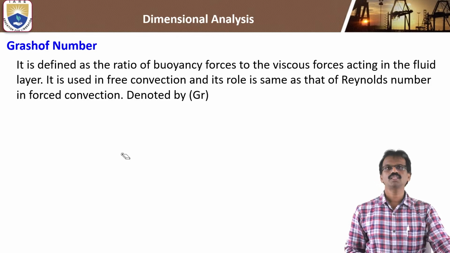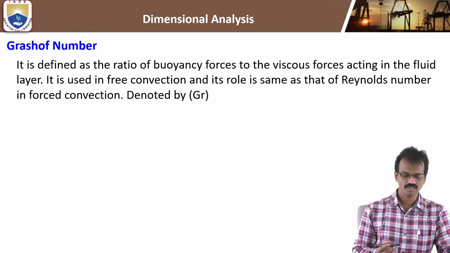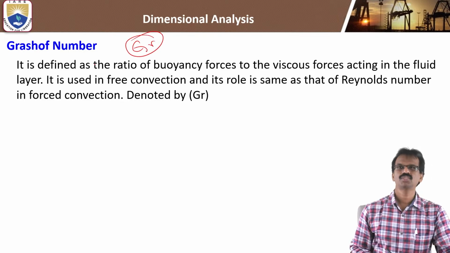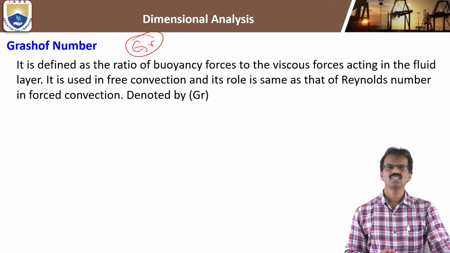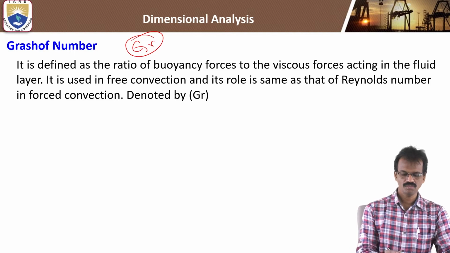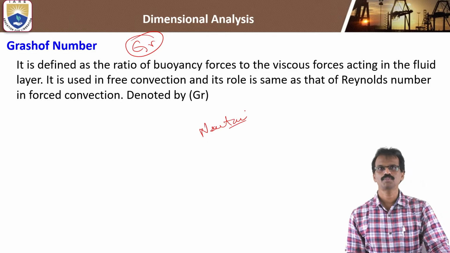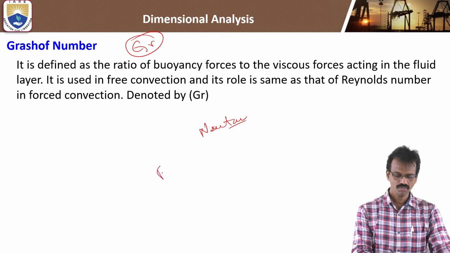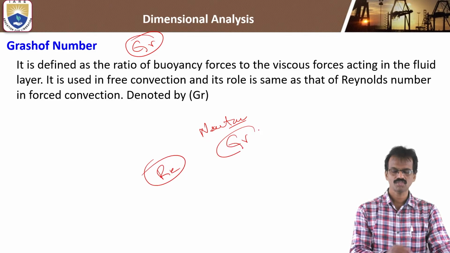So now we'll see the Grashof number, Gr. It is used in natural convection mainly. We cannot see this one in forced convection. In forced convection, we will see the Reynolds number. In natural convection, we will see the Grashof number.